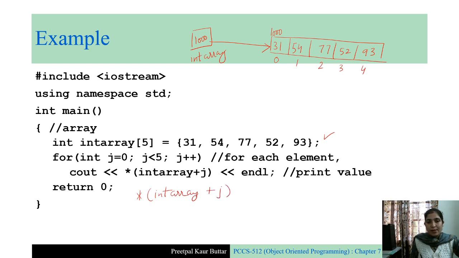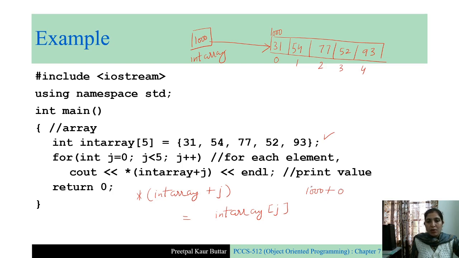So what is this? We have seen that this is same as writing int array j. Same thing. And when we try to interpret it, it means that it is int array, that is the base address stored in int array variable, plus j.